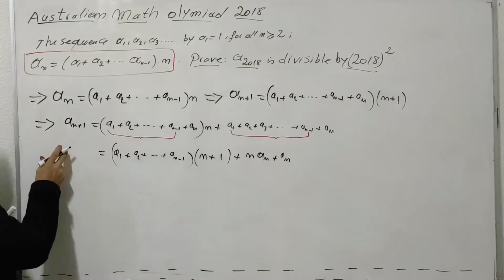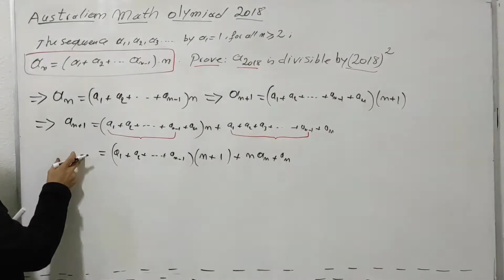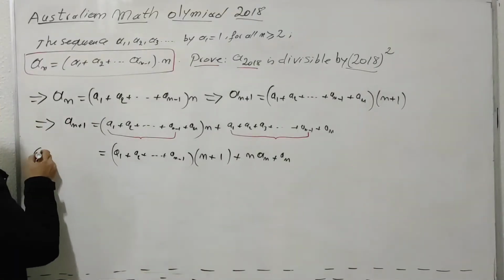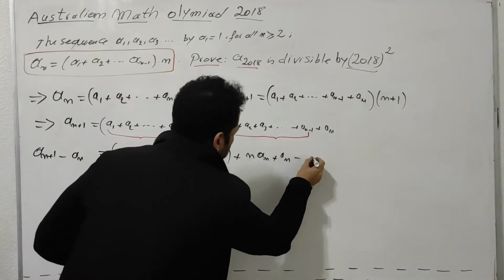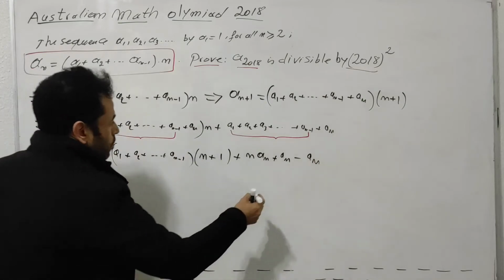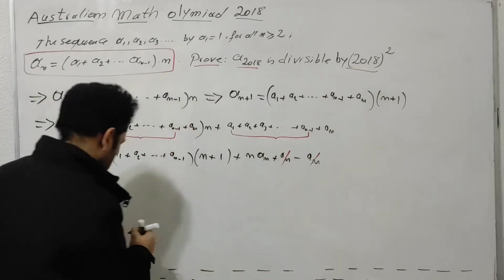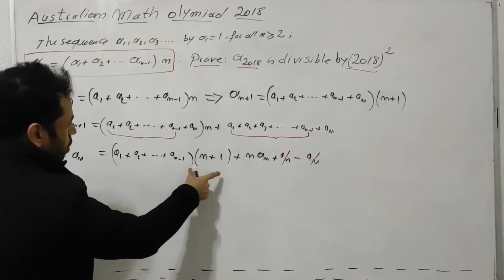What I'm going to do now is subtract a sub n from both sides. I will get a sub n plus 1 minus a sub n, and the a sub n will be cancelled out. I will be left with this one and this one.